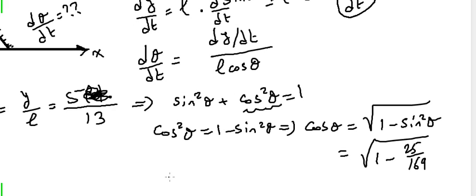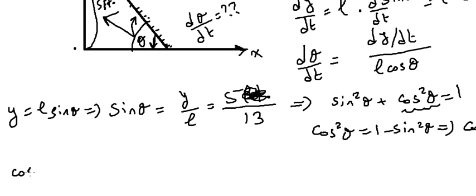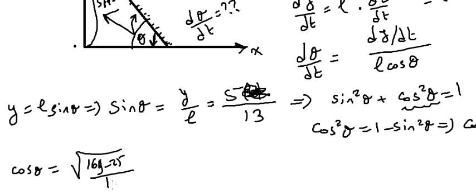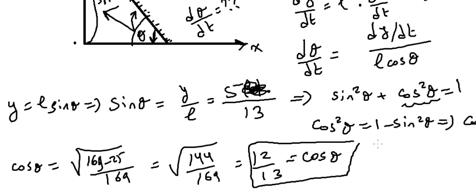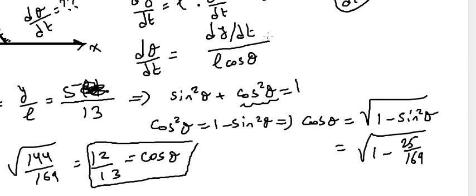Cosine theta equals the radical of (169 minus 25) over 169, which is the radical of 144 over 169, and that is 12 divided by 13. So I found the cosine theta, which we need to go back upwards to find d theta/dt.